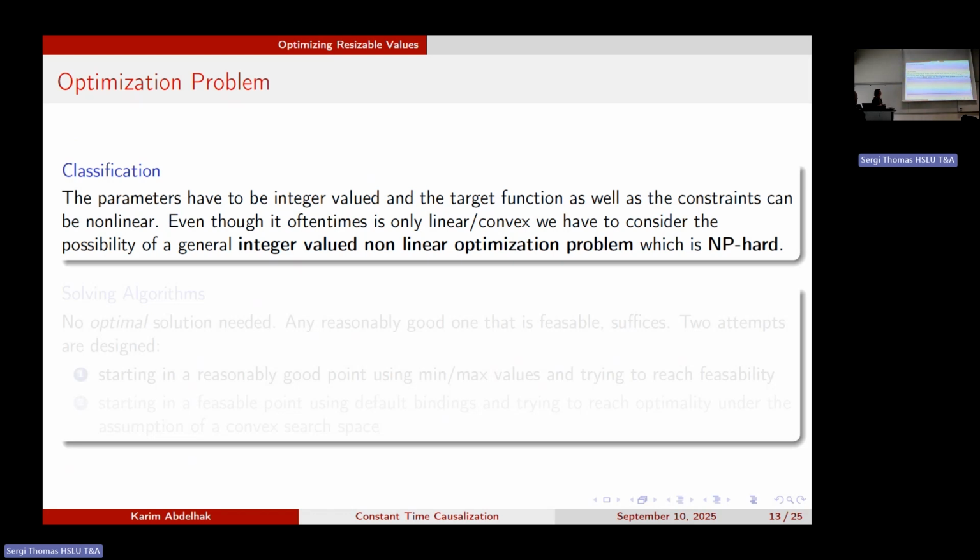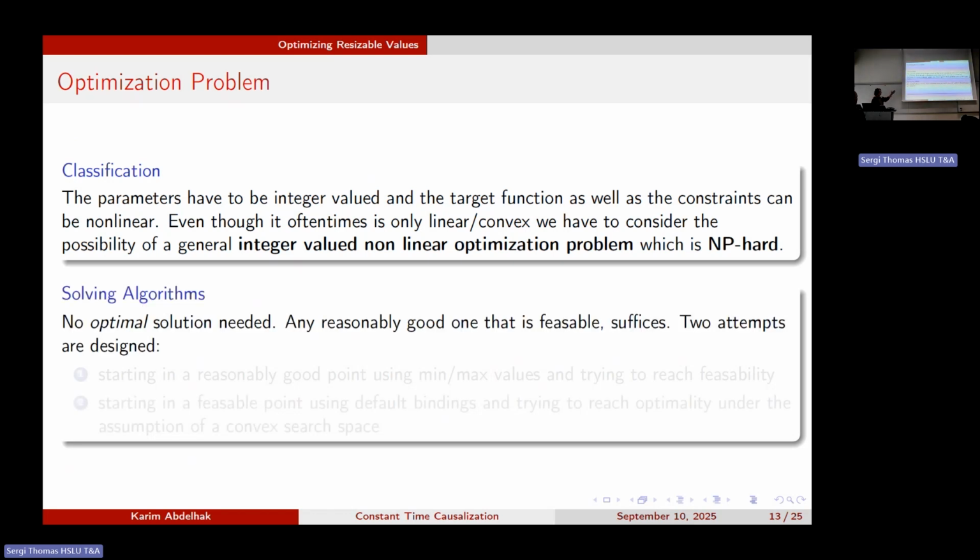But we have a lot of freedom, actually, because most of the time it will be linear, most of the time it will be convex. And for the solution, we also don't need the best quality. We just need any solution that is reasonably good, that is feasible.